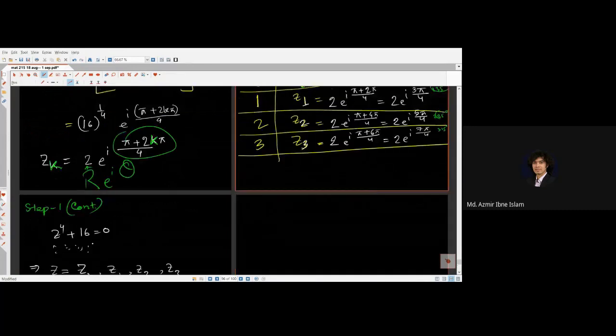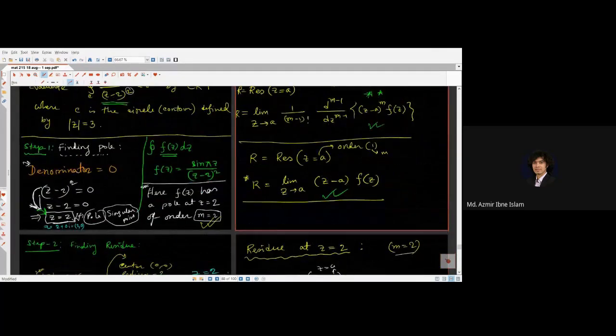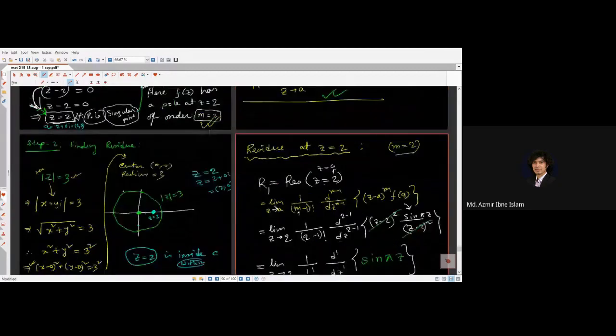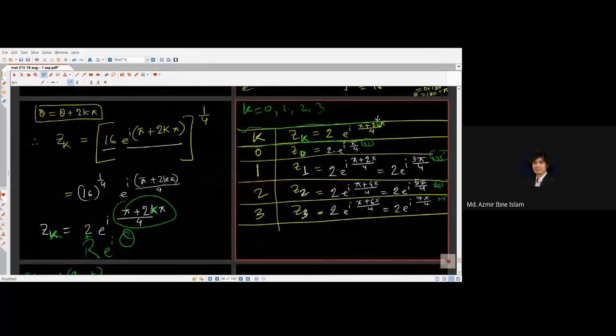So this is the difference between the previous problem and this problem. In the previous problem, we found z equal to 2, that is the rectangular form, x plus yi, 2 plus 0i. But here, what have we found? We have found 2 e to the power i pi by 4, 2 e to the power i 3 pi by 4. So that means r e to the power i theta is coming. That means we have found the polar form. And we know how we can convert polar to rectangular.